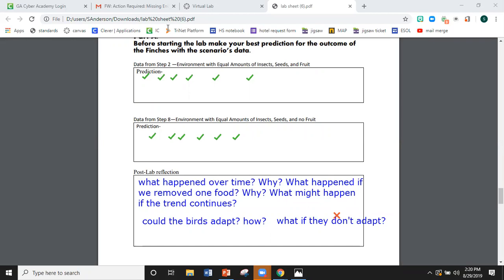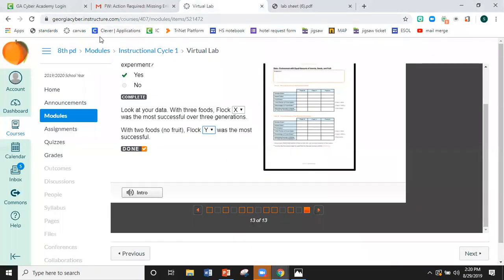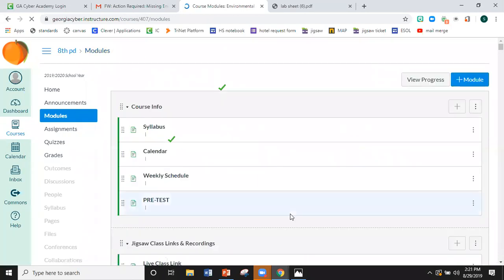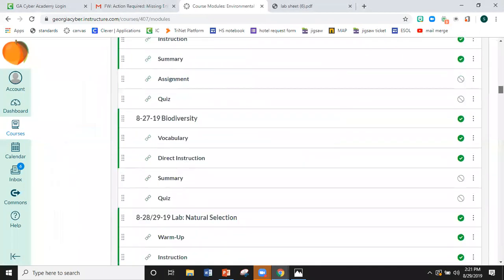Remember, I told you don't have to upload this. Here's how you're going to complete your assignment for a grade. Remember, we're on modules.